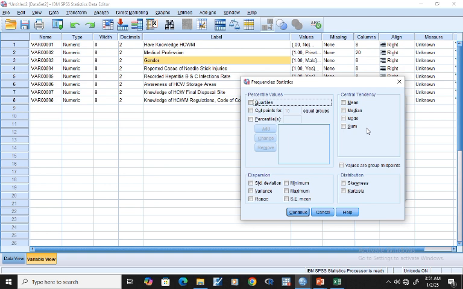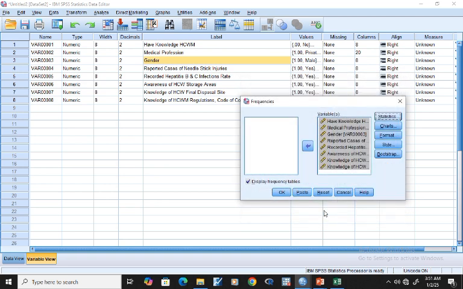As I said, it's important for you to know the measurement level of your data, because the measurement level will inform you of the type of analysis you can perform. So descriptive statistics such as mean, median, mode, sums, standard deviations are not appropriate for this type of data.